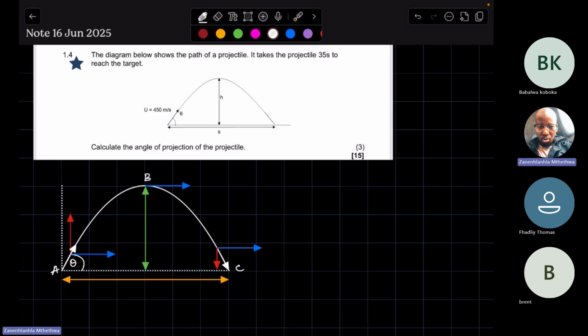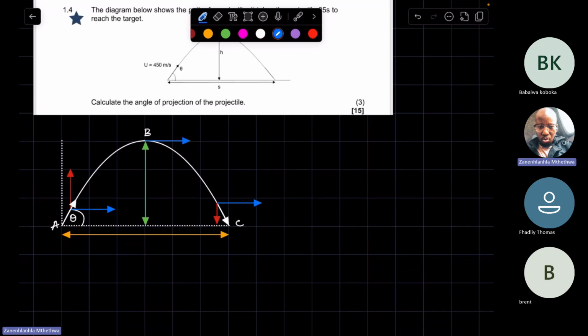Because our projectile is at an angle in this case, we have to resolve it into its components: the initial velocity in the horizontal direction, and the vertical component, which we will call the initial velocity in the y direction.